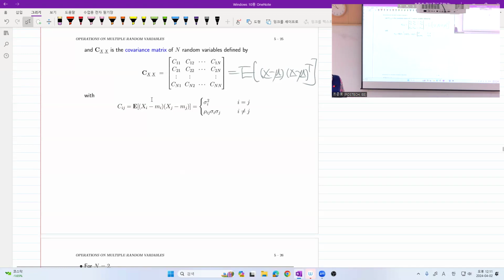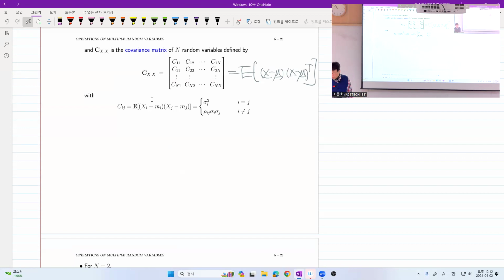Let's see this one. Here, in the covariance matrix of a Gaussian random vector, each term not on the diagonal but on the off-diagonal entry can be written in this form: correlation coefficient times each standard deviation. Now suppose the entries are all pairwise uncorrelated. What does that mean? This is 0. What does that mean for the covariance matrix? All the off-diagonal entries are zeros.